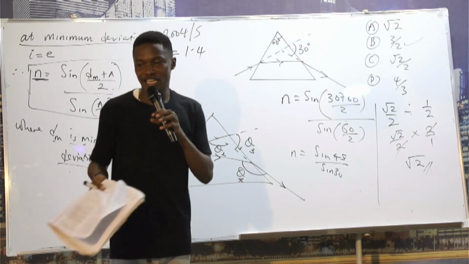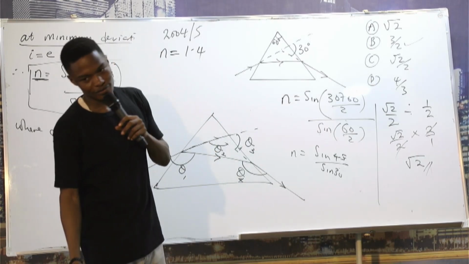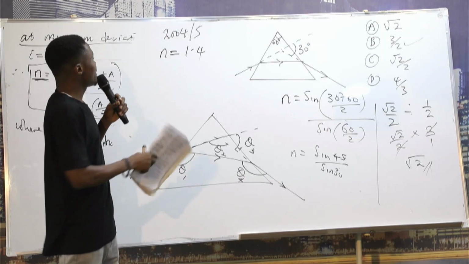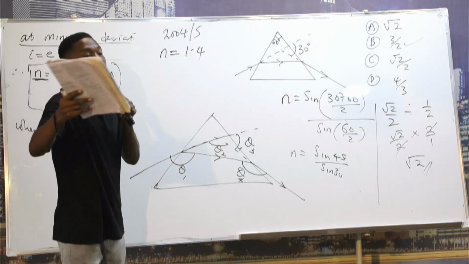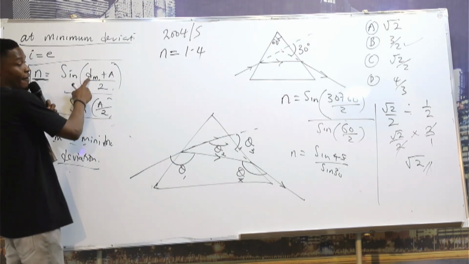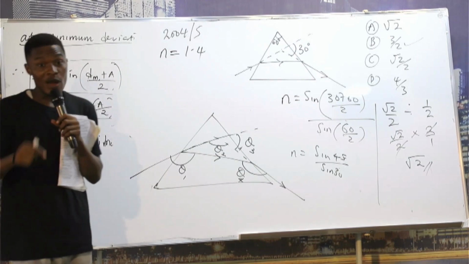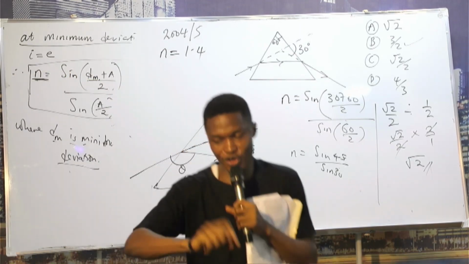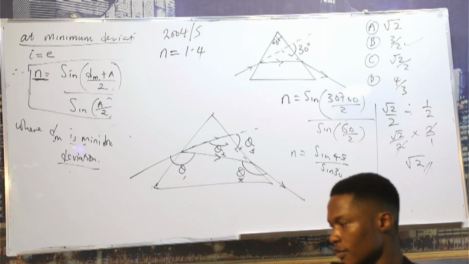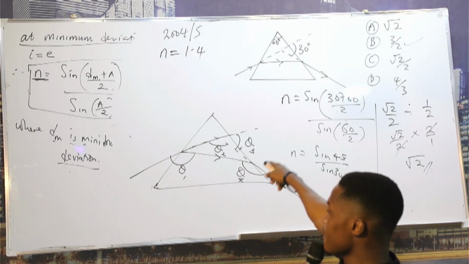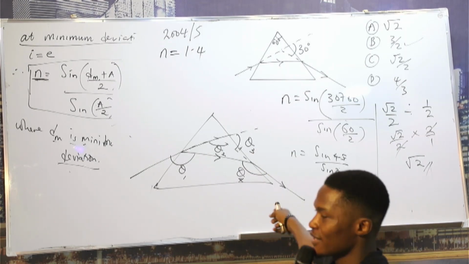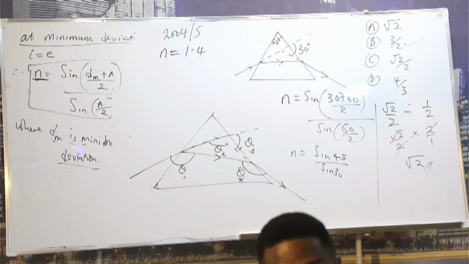Solve. That is, you are looking for D m. This is when we will know who is a machine and who is not. Refractive index 1.4, get your minimum deviation.